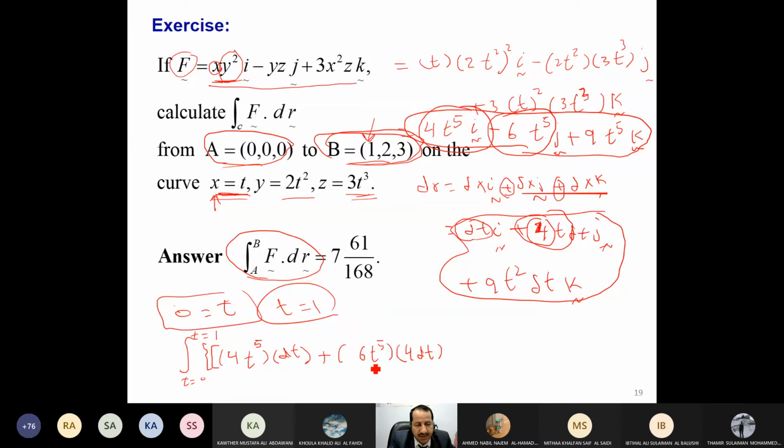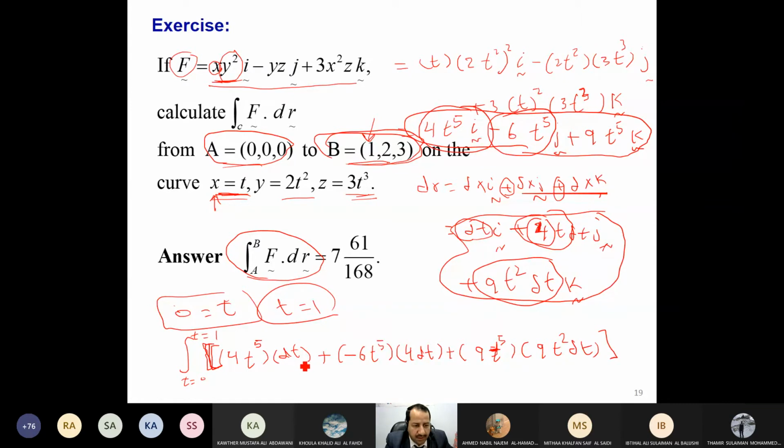Did I forget anything here? What do you think? Nine. Excellent. I forgot the minus. Plus, now next, t to the power 5 by this part, 9 t square dt. Yes, 4t dt.